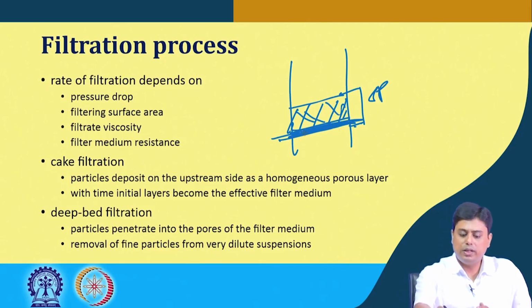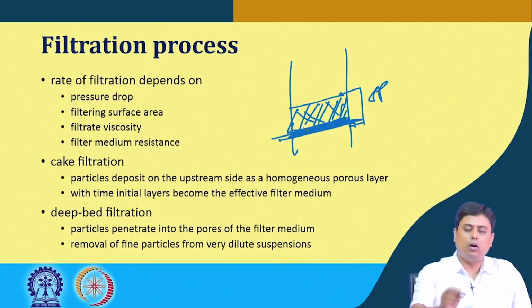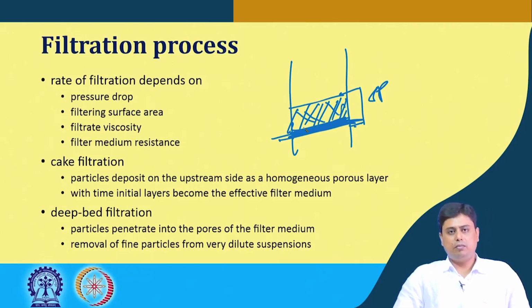So these two resistances, this dark shaded one and this blue shaded one that I have mentioned, the summation of these two resistances is the total resistance. So which means the rate of filtration would also depend on this filter media resistance.